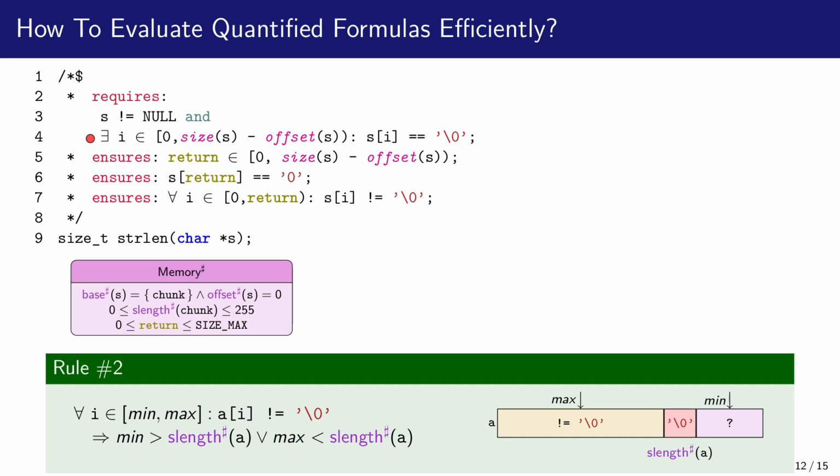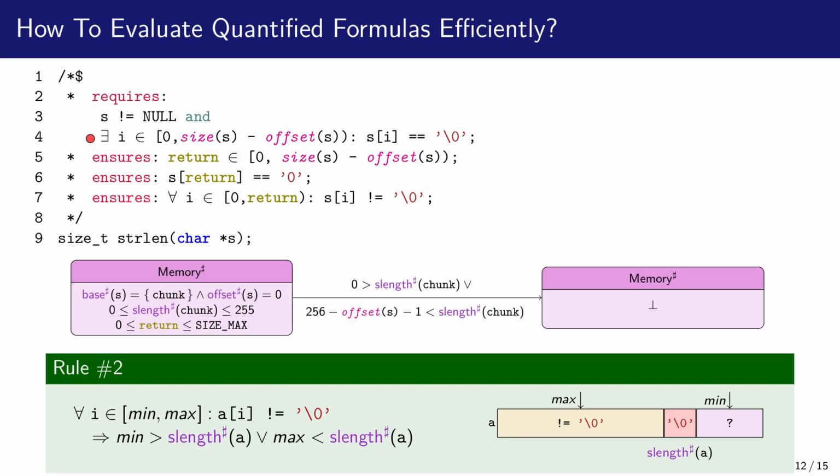And the domain string length has this rule to evaluate such for all quantification, which says that in order to verify that all bytes are different than 0 in range min-max, it is necessary that the terminating null byte should be outside this range. And if we apply this rule, in this case, we obtain bottom, which is good because this proves that the string in the chunk array is valid.